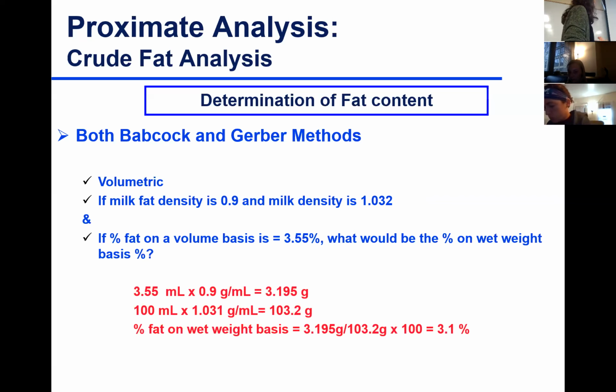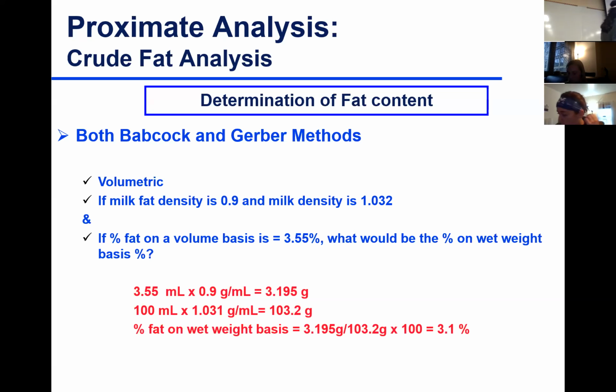So what you really need to do is convert the milliliters to grams. First of all, you have 3.55 milliliters of fat, so you convert that to grams. Density equals mass over volume. You have the volume, so you can calculate the mass. And then the same thing: you have 3.55 milliliters in 100 milliliters of milk. So what's the weight of 100 milliliters of milk?